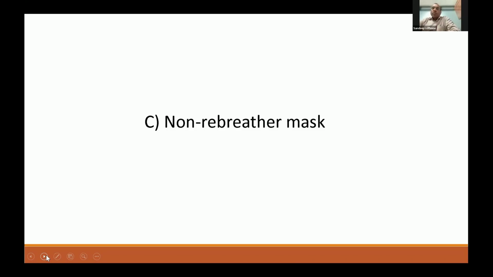The primary use of the Venturi system is to give a controlled, fixed FiO2 of oxygen, and not to give very high concentration. That is not the whole idea about it. Whatever the patient is breathing in, if the majority of it is going to be 100% oxygen, then the FiO2 is going to be high.